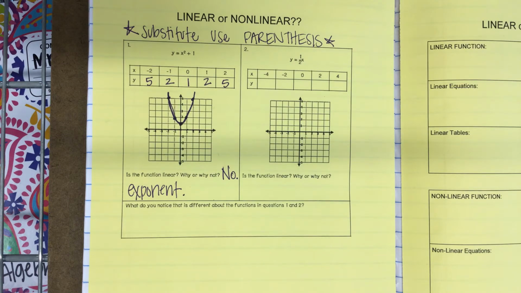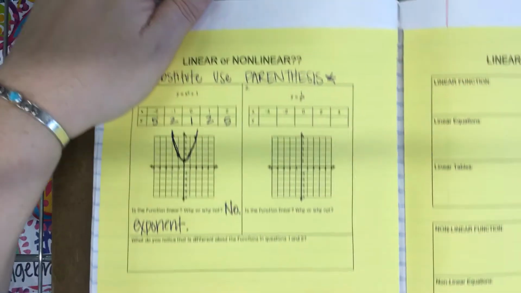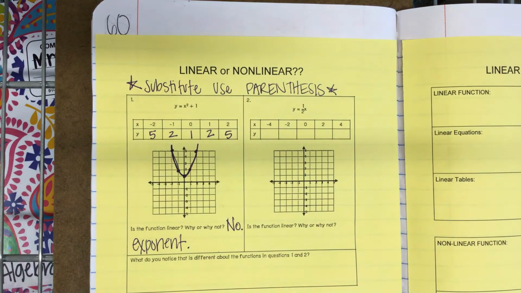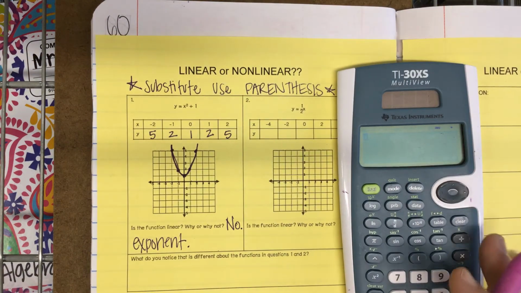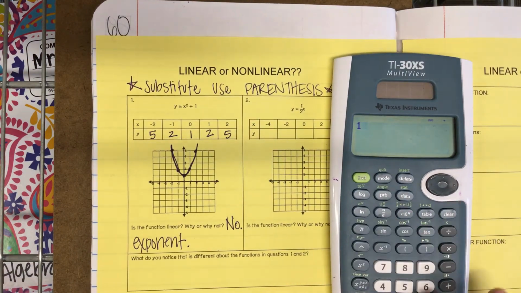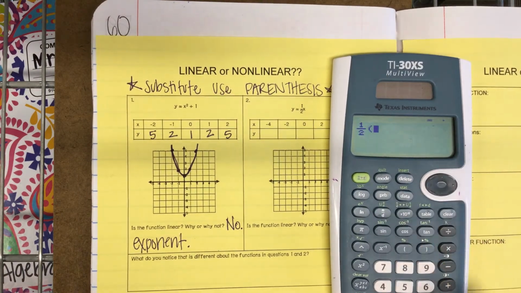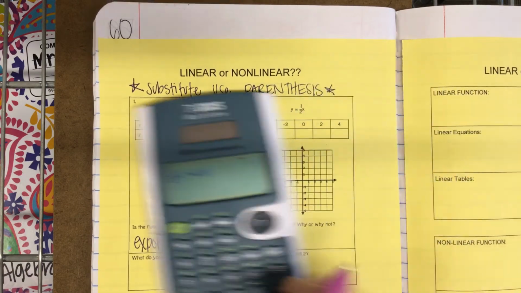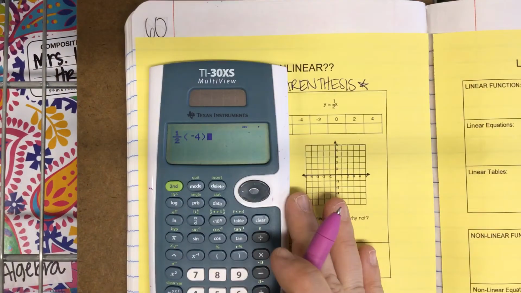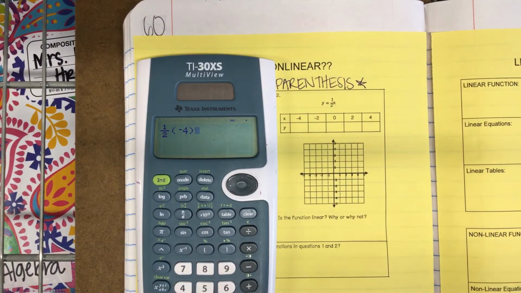Let's try the next one. Fill in the table. Y equals 1/2 x. We're filling in the table. Grab your calculator. 1/2 times -4.